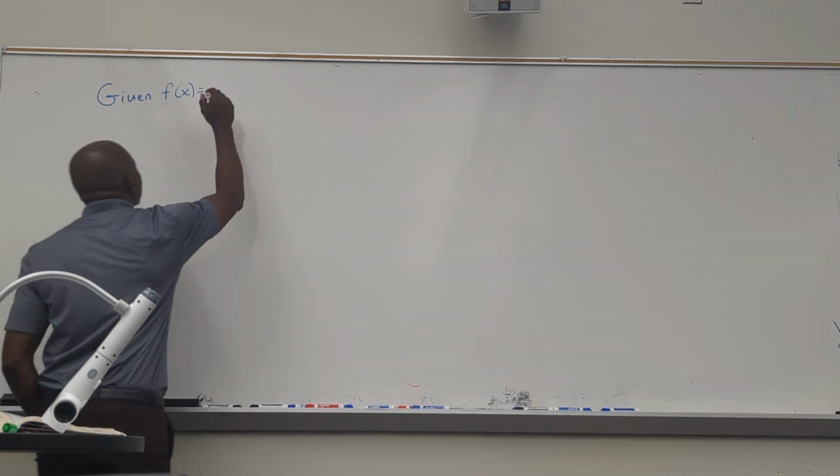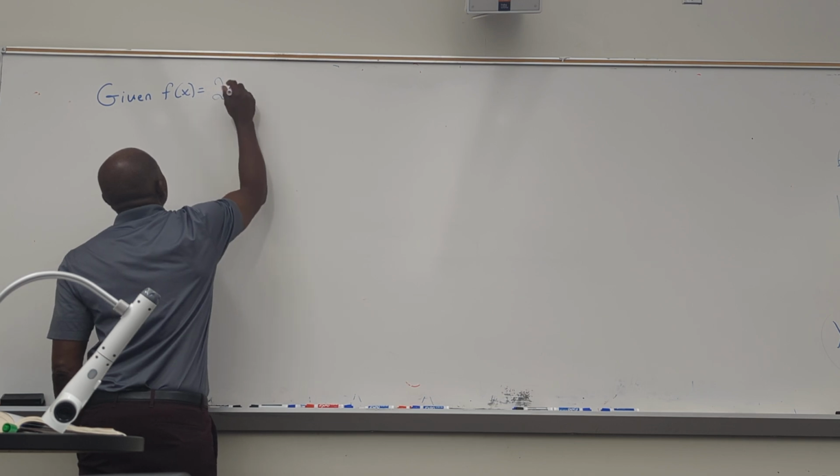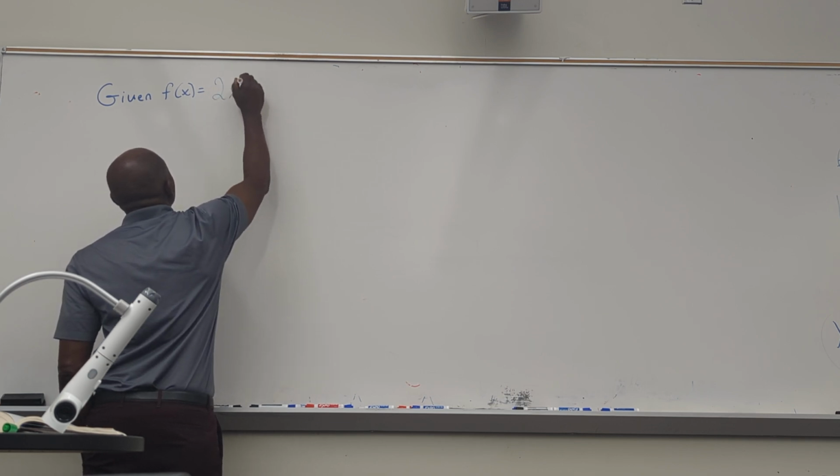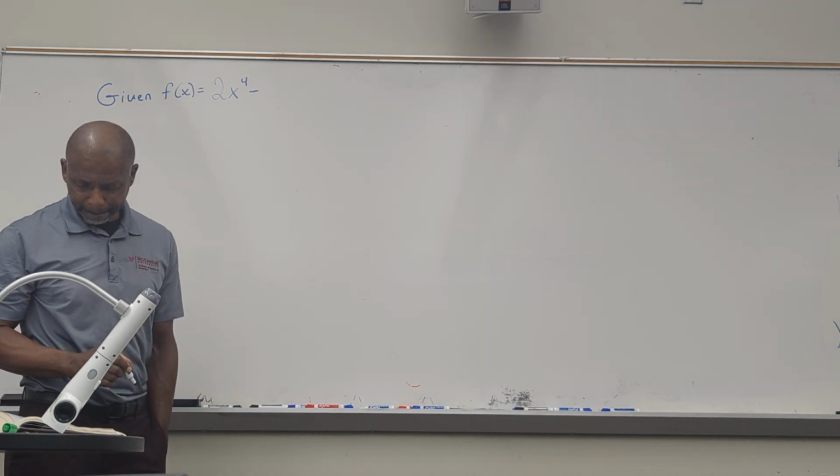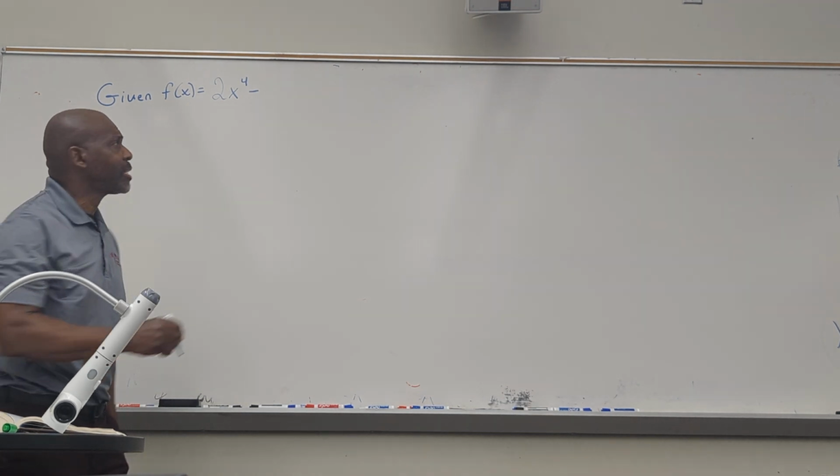f of x is equal to 2x to the fourth minus 8x cubed.